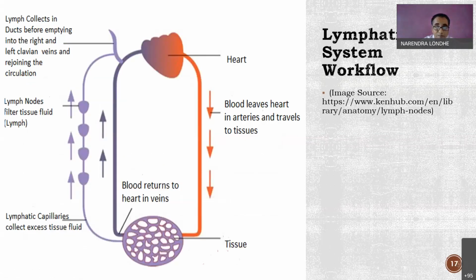This is the heart, with 20 liters of blood going to your different biological tissues, and from those tissues 17 liters of blood returns to the heart, while the 3 liters of interstitial fluid, which is converted into lymph, goes through the lymphatic system. This is my lymphatic system, which has these round shaped structures called lymph nodes. They filter the tissue fluid. This is how it works.